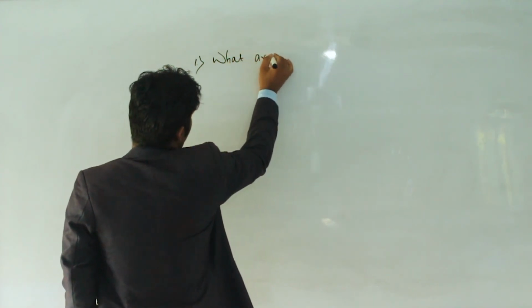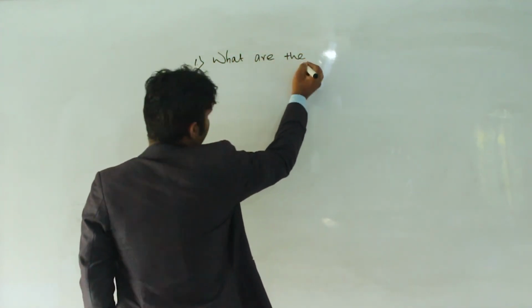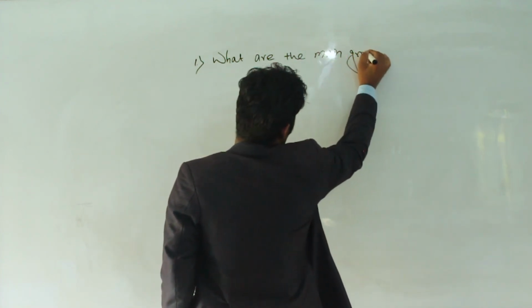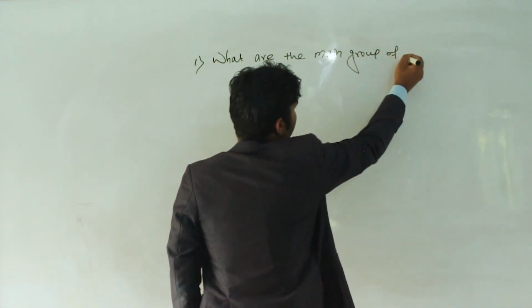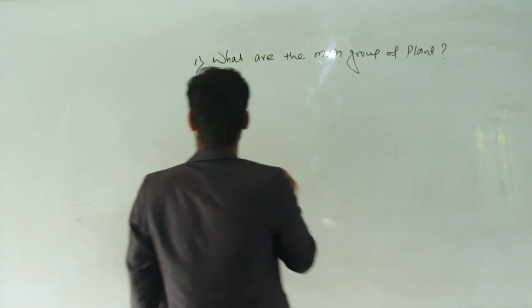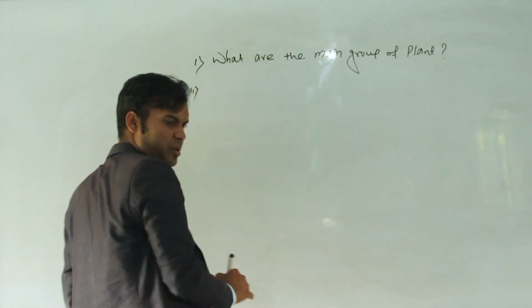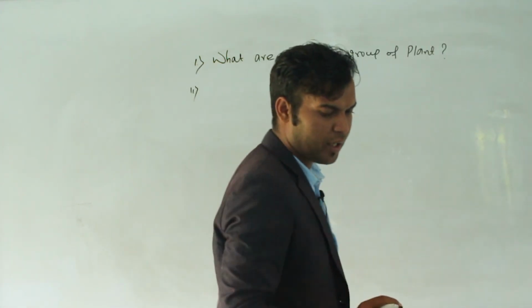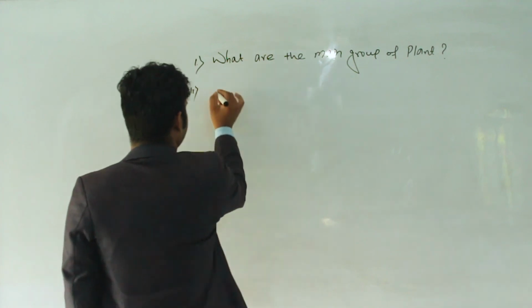What are the main groups of plants? Number 2, what is the root of the plant?